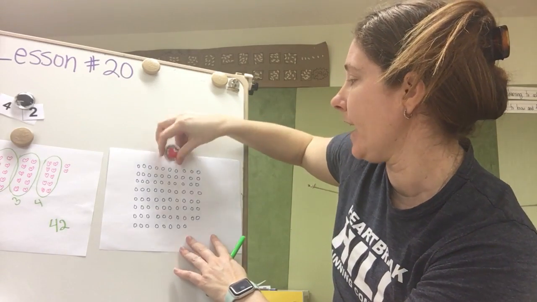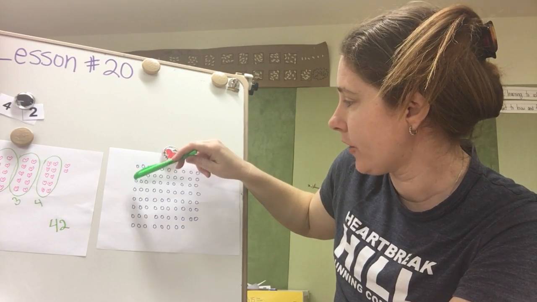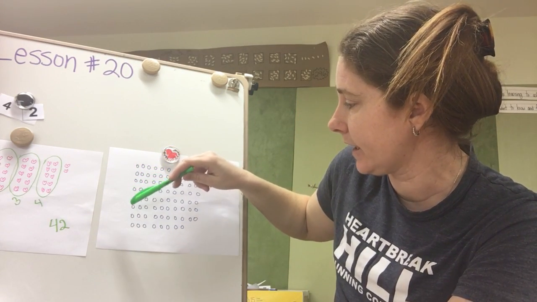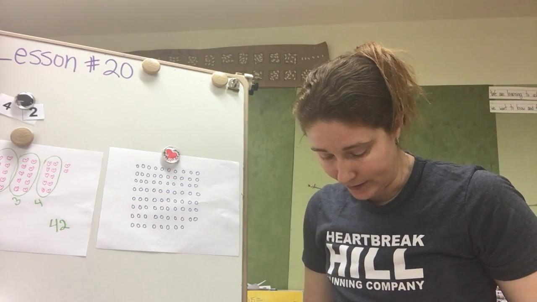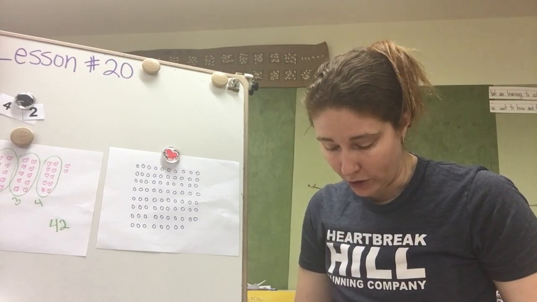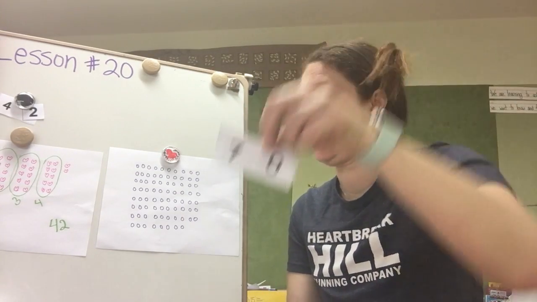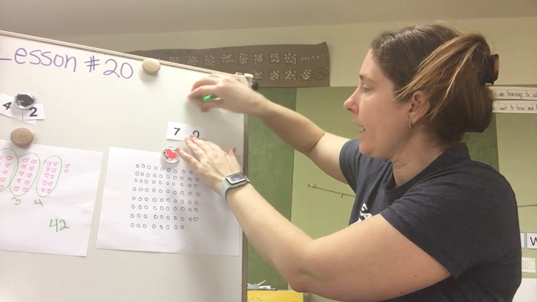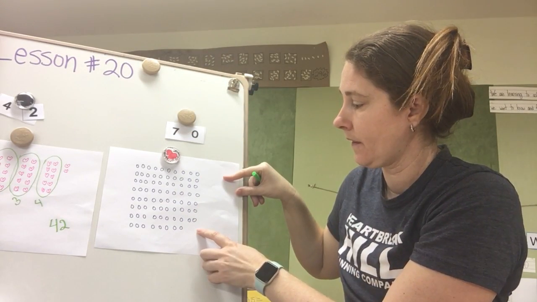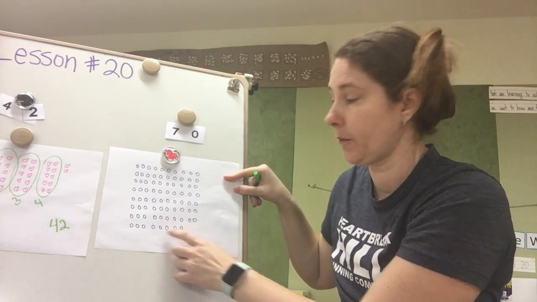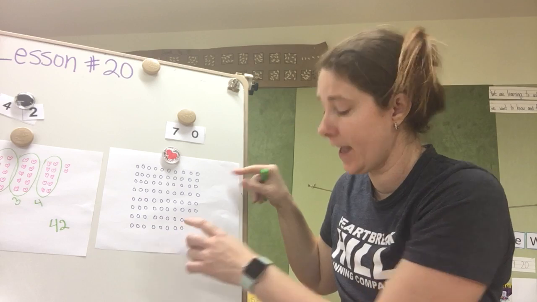So 7 tens, if you're not sure, 10, 20, 30, 40, 50, 60, 70. 7 tens would look like this. 70. But we have these ones, right? These ones on the bottom row. 1, 2, 3, 4, 5, 6, 7, 8.